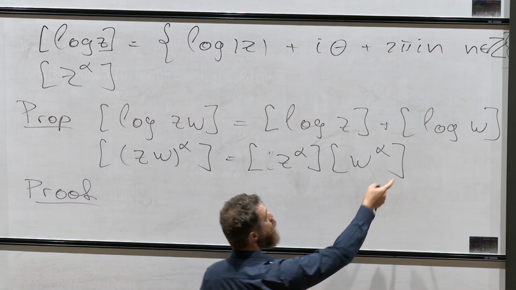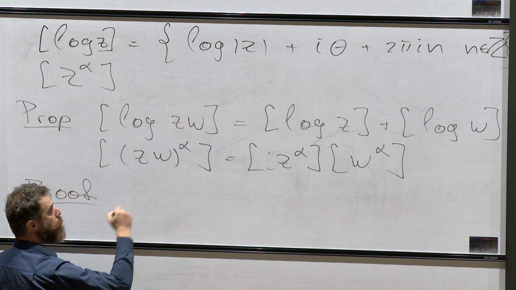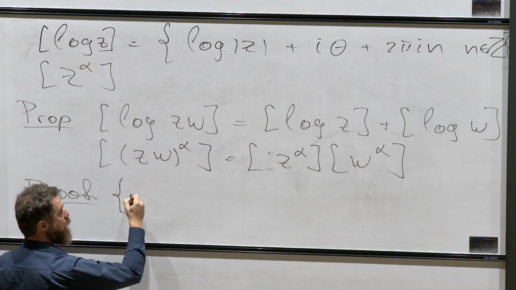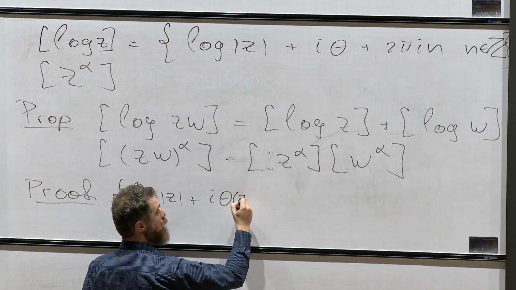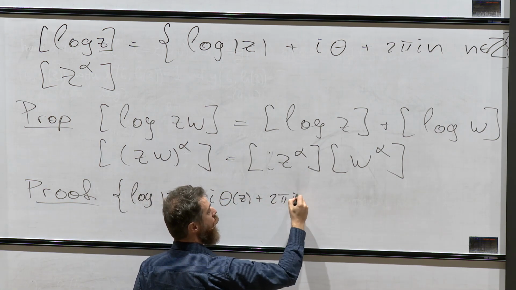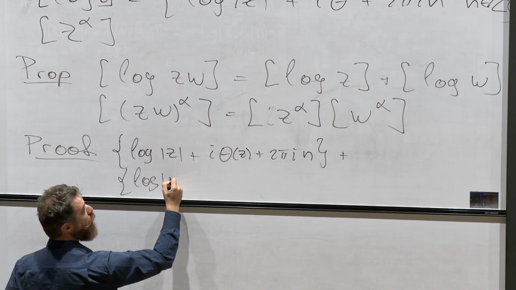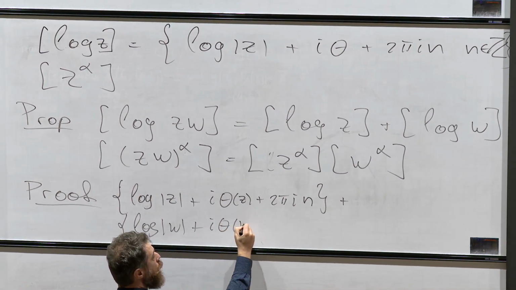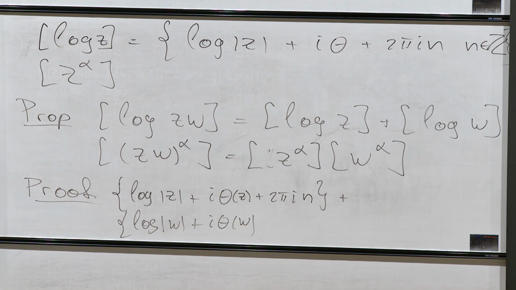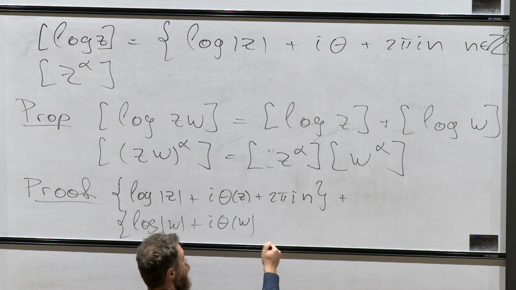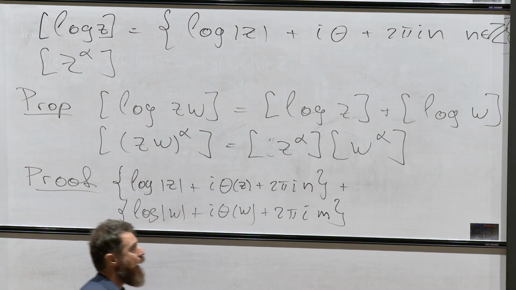So let's maybe start from this. And then what we have is, one set is log of modulus of z plus i theta of z plus 2 pi i n, plus a similar expression, so we have log of modulus of w plus i theta of w plus 2 pi i m. And by theta of z and theta of w, I just mean some value of argument of z and some value of argument of w. And let me call this m instead.